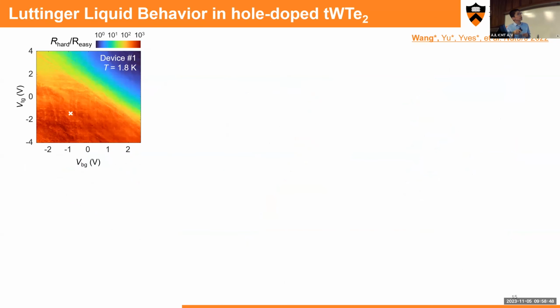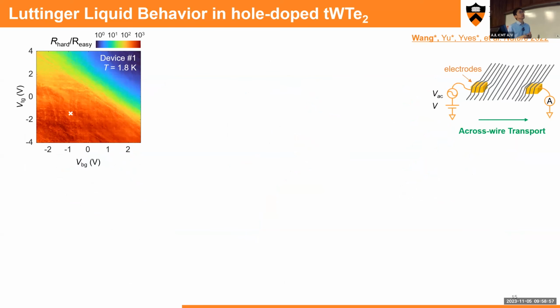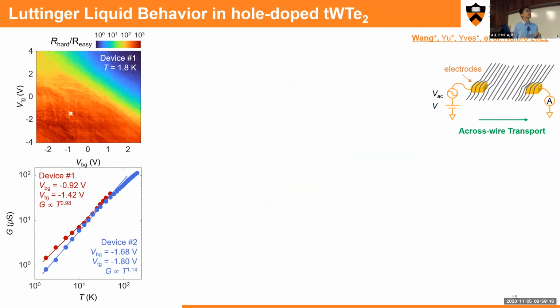We focus on the gating we park here, and then I'm going to show you more data where we put the gate at other spots. Then we perform the measurement across the wire, a two-probe measurement. This measurement allows us to bias the sample and add an additional bias, so we measure the differential conductance versus the external bias.